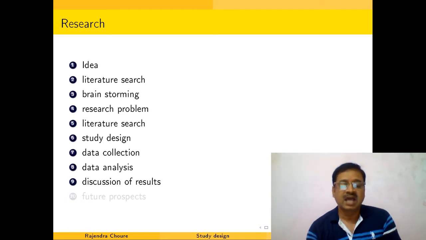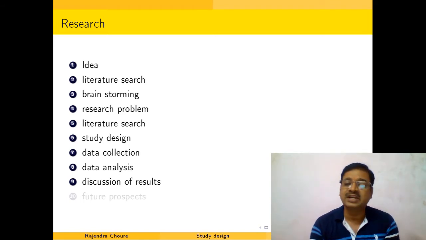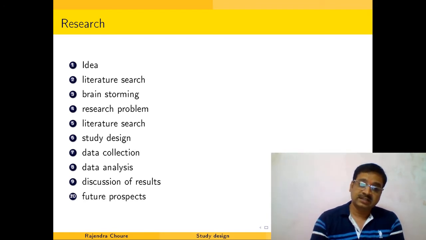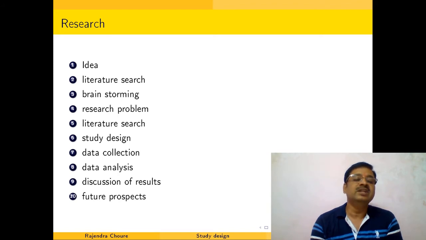Publication of your results and how to write reports we will discuss in our other course, that is scientific communication. And at the end, you will discuss future prospects of the work which you have done, and that will be the direction for other people to take your work further.